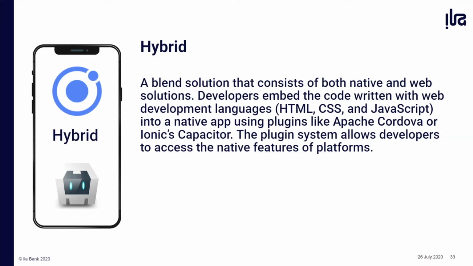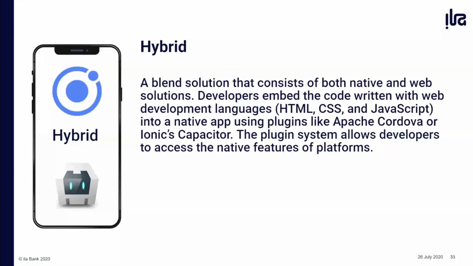Hybrid is a solution if you have knowledge in web development and web solutions, and you don't want to learn something new, you just want to use your knowledge in web and apply it to mobile applications.